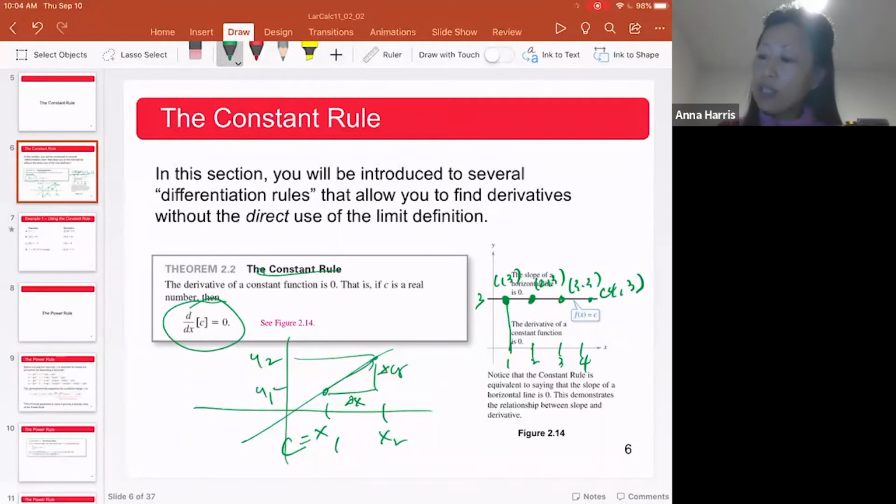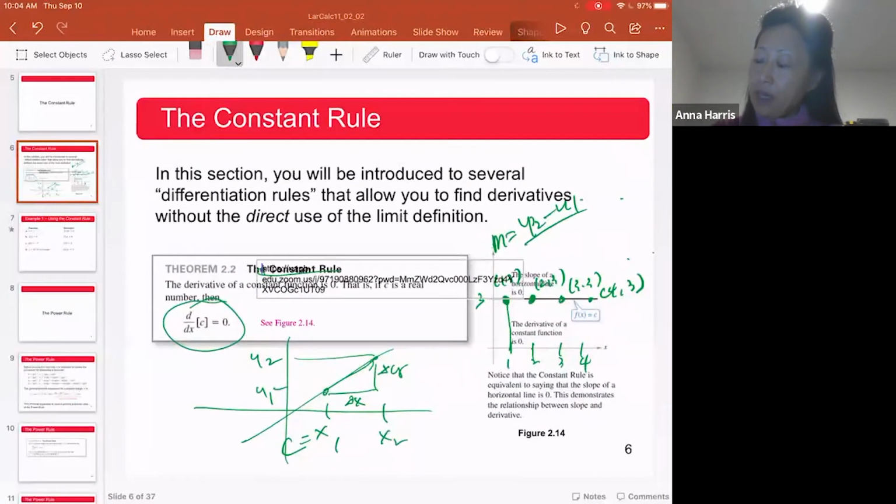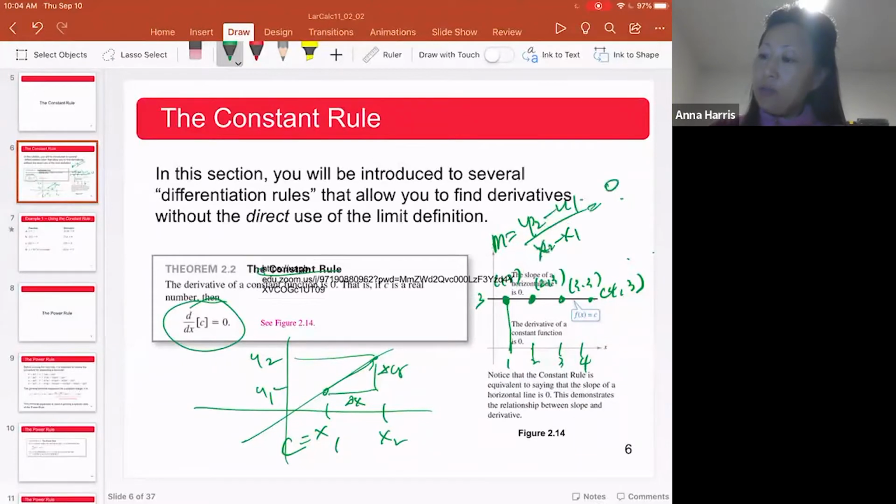That's why when you look at the derivative or slope, you get y2 minus y1 over x2 minus x1. The numerator is always 0, and the denominator is some number. That is why it's equal to 0. So the derivative of a constant function is 0.